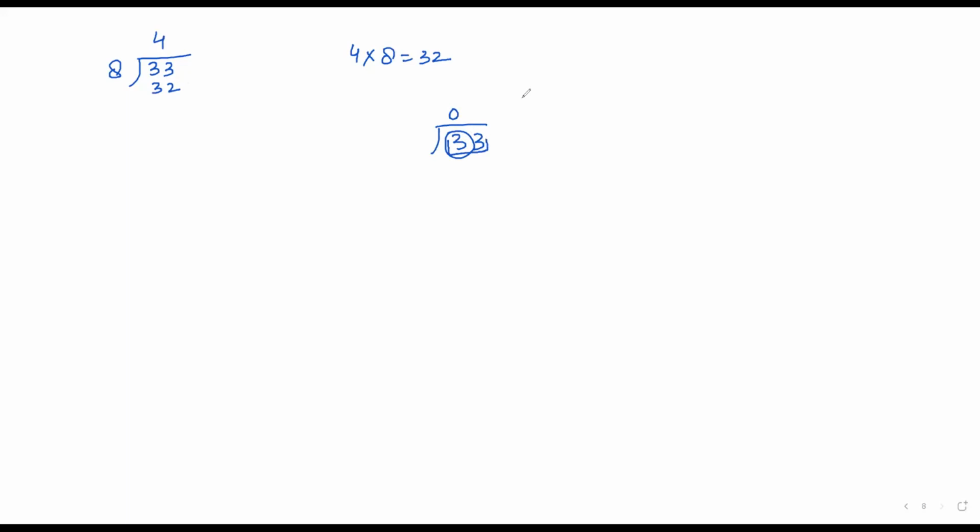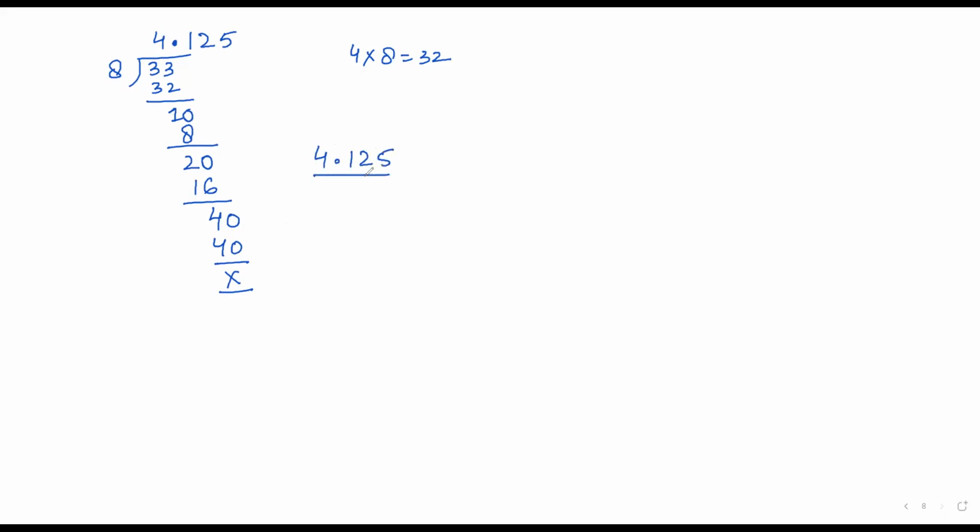So 32, now the remainder is 1. Put a decimal and put a 0. Now 8 into 1 is 8, remainder 2. Make it 20. 8 into 2 is 16, remainder 4. Make it 40. 8 into 5 is 40. That's it. So the answer is 4.125. Is it clear?